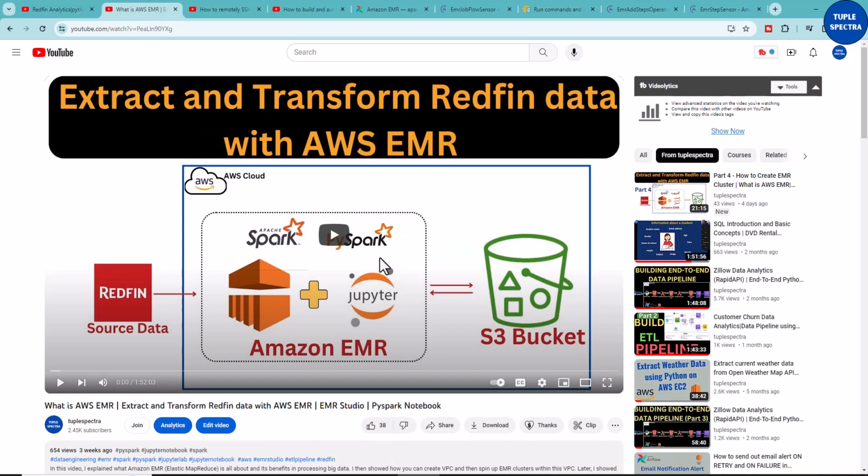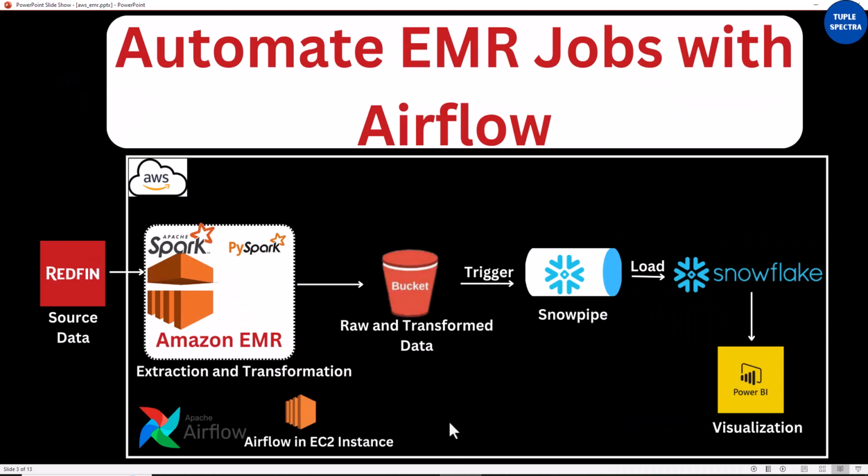One thing I also want you to know is that when we had this project, it was manual, it was not automated. But in today's video I want to show you how we can automate this process. How can we automate provisioning Amazon EMR? How can we automate using the wget command to extract data from the Redfin data source?